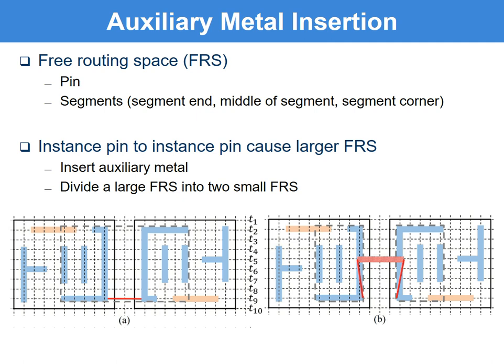To overcome this issue, our strategy is to insert an auxiliary metal and divide a large FRS into 2 smaller ones. This approach helps simplify the problem and reduce the runtime required by the ILP solver.